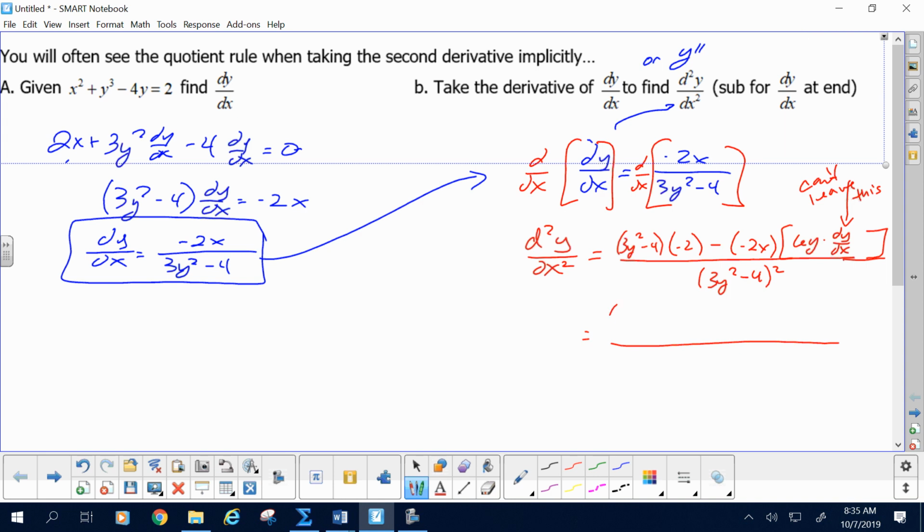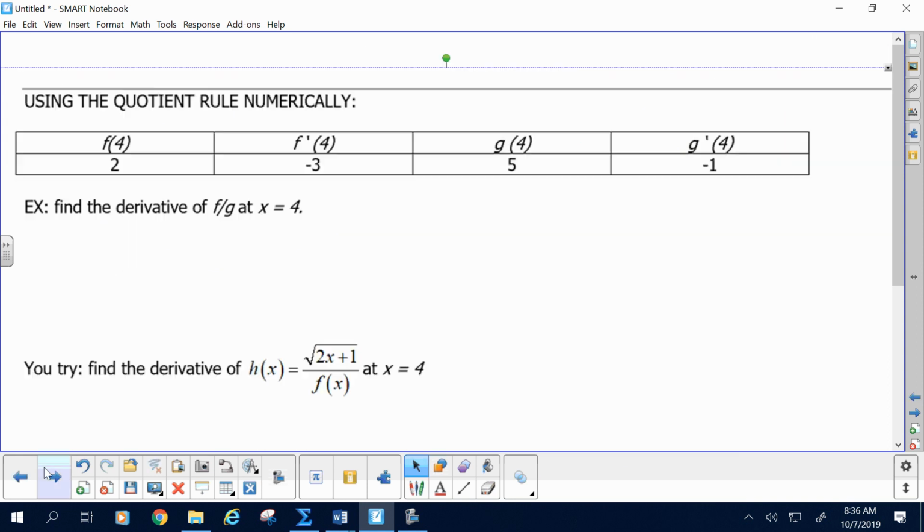All right, so your last step then is to take that derivative and replace dy/dx with what we found, negative 2x over 3y squared minus 4. Now, if cleanup were required, then you would have some gross cleanup to do, but we're going to leave that there. You follow me?